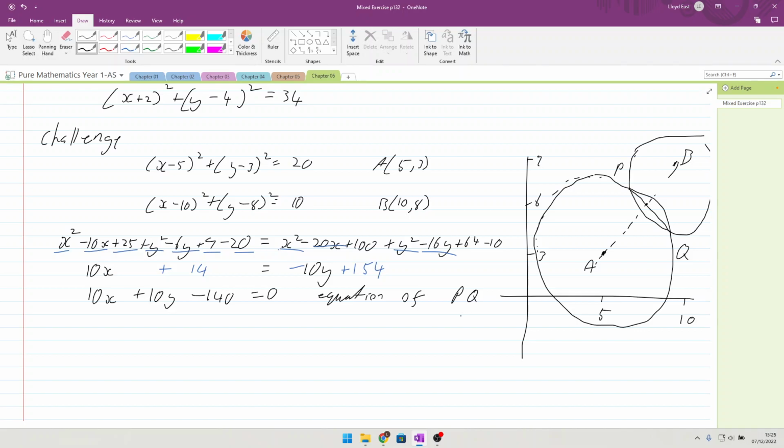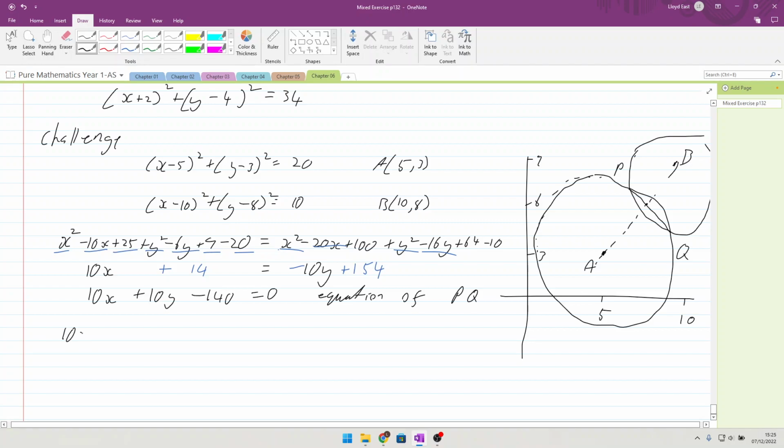Now we need to find the actual coordinates of P and Q. So we need to put one of them equal to one of these equations, and it should give us two answers, which will be P and Q. Okay, so I'm going to go to the bottom one.